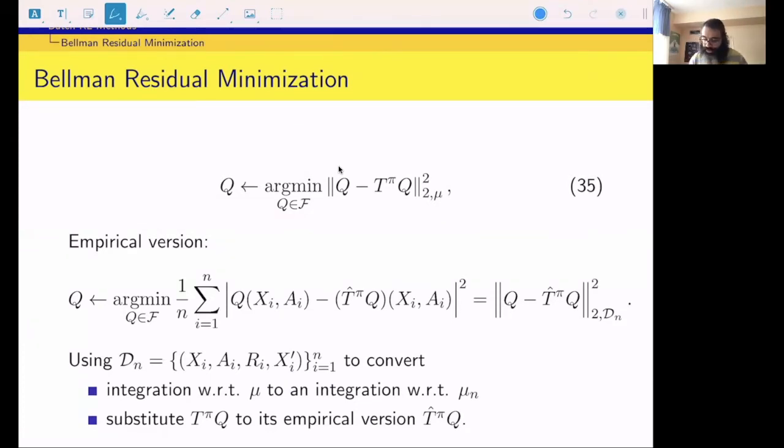So what we had was essentially this optimization, where we were minimizing over Q in some function space this Bellman error, Q minus T pi Q. Here we can talk about, say, the L2 norm with respect to a distribution mu, which is some distribution that we choose. If we could find it, that would be the minimizer of the Bellman error.